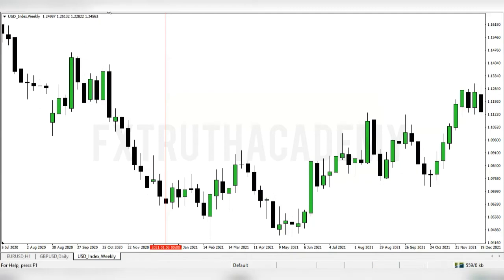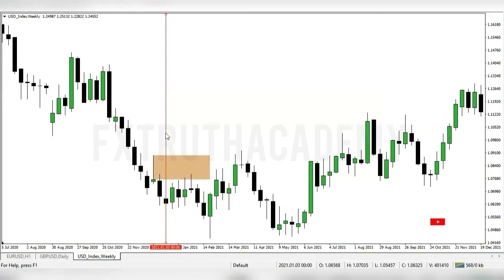So this is what they're going to do. They're going to take this area from this high all the way down to the body of the candles. So this area now is a whole area of resistance.